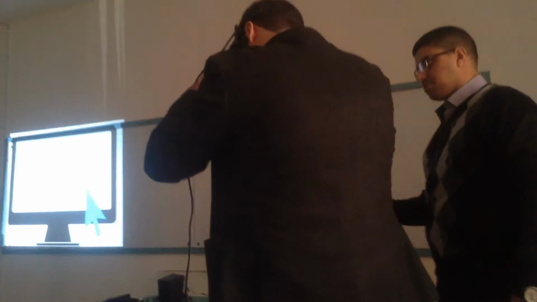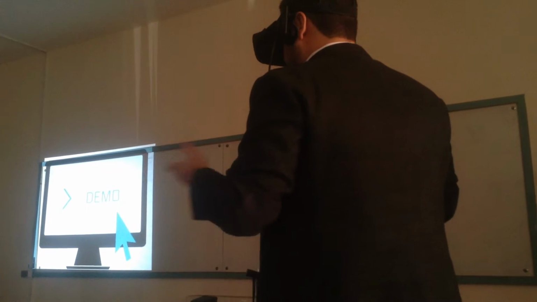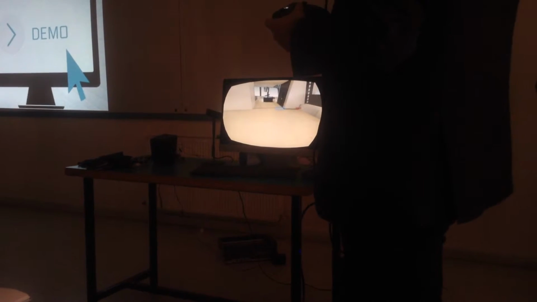If I press this and pick this up, you can see a small preview on the screen of how it's supposed to look. But in VR you can feel the depth and it's very comfortable, and you can see the dimensions and everything.